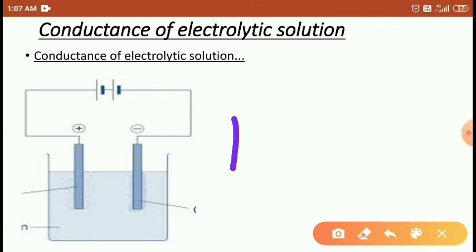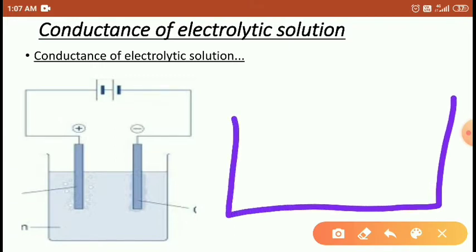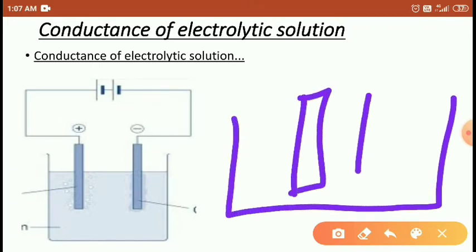Similarly, we may use one more beaker, the same beaker, in which the electrodes come close to each other.